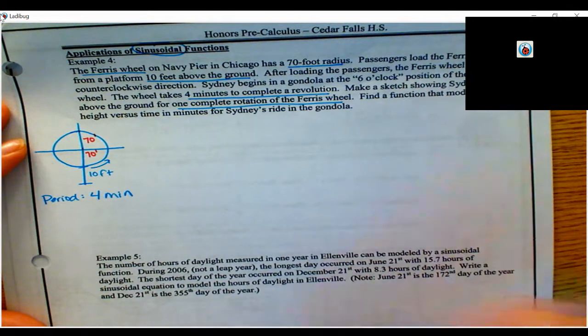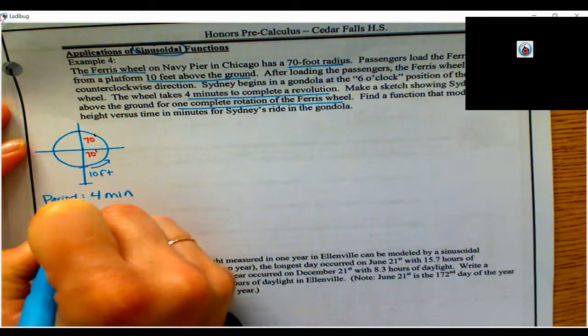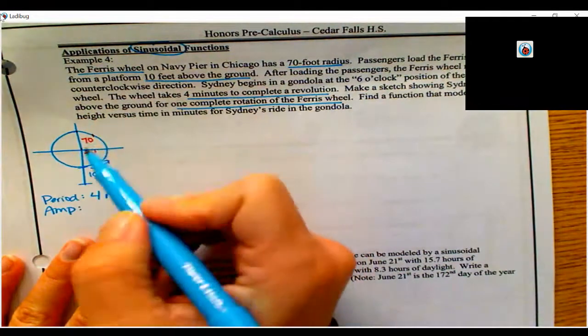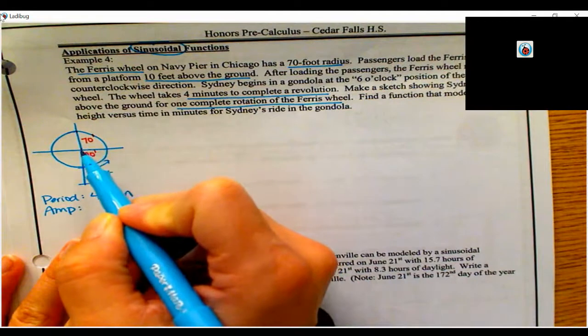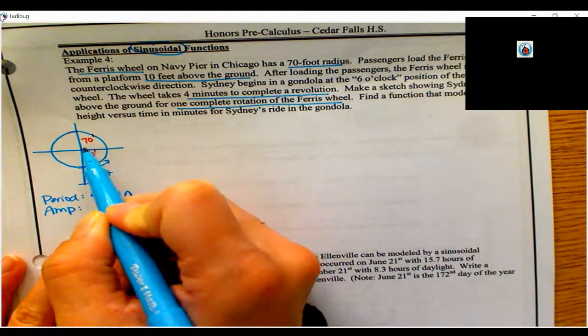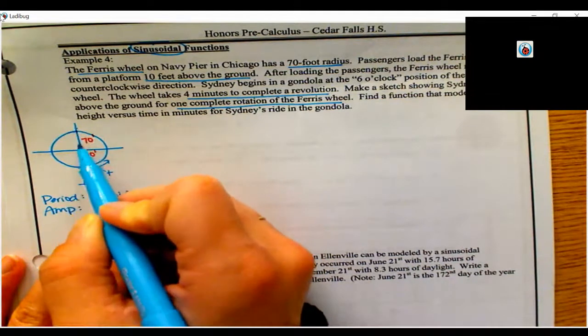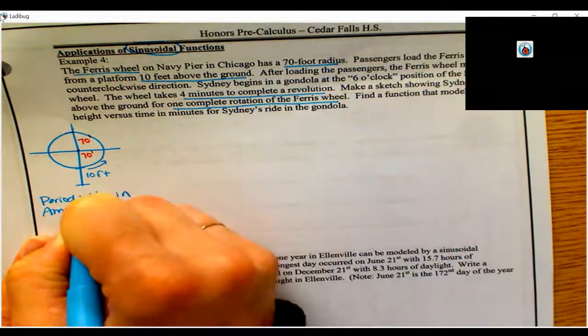The amplitude of this circle, remember, amplitude is the distance from your midline to your maximum. So you're dealing with the value of this Ferris wheel. Your middle is right here of the circle. From here to here is how far? 70 feet. So your amplitude is 70 feet.